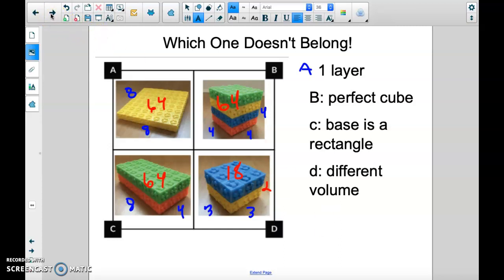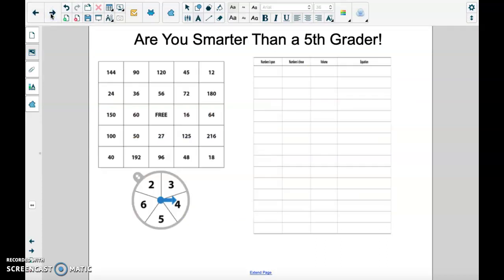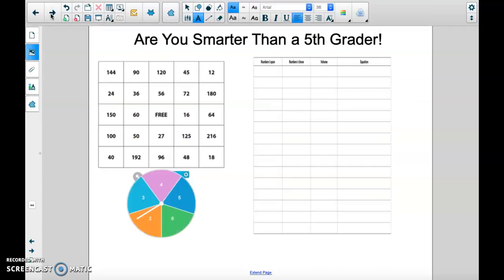But what I want to do now is teach you a new game, which is Are You Smarter Than a Fifth Grader? This game is real simple to learn, guys, and that's why I'm doing it with you.